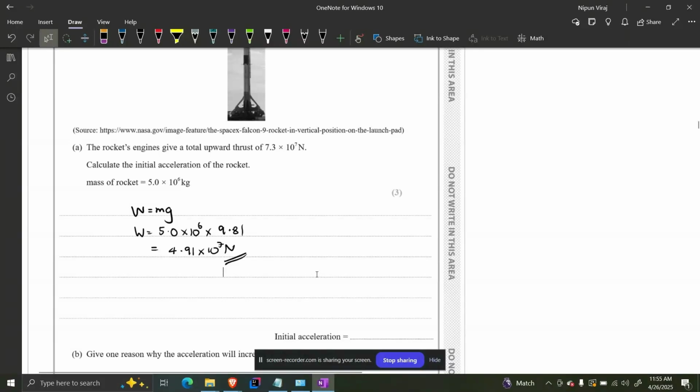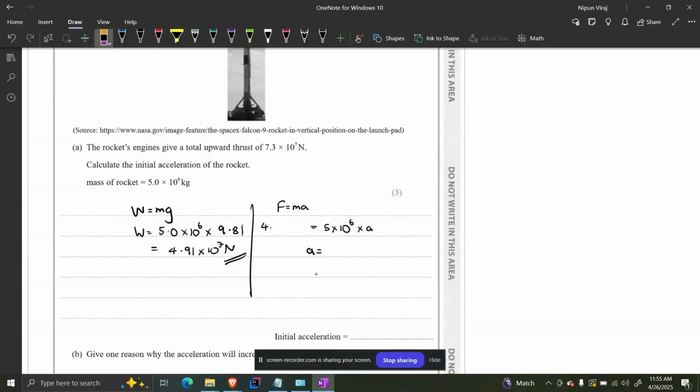So we found the weight, and then to get the acceleration, we can apply this in the equation F equals ma, right? So 4.91 into 10 to the power 7 is equal to 5 into 10 to the power 6 into a. So we get the value for a as... wait a minute. Oh, sorry.